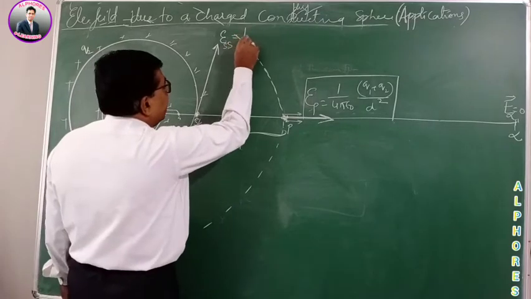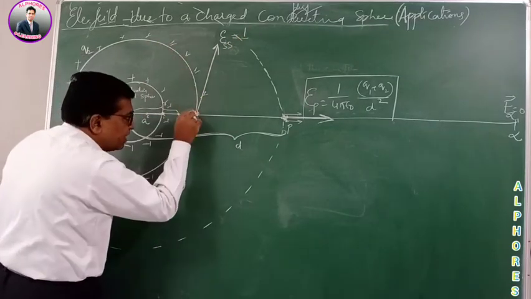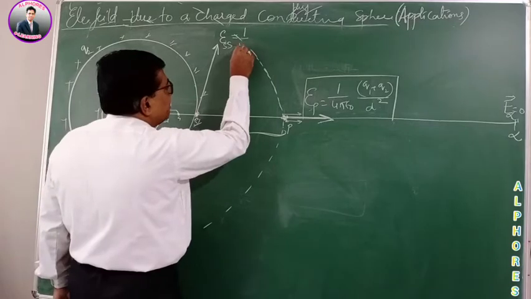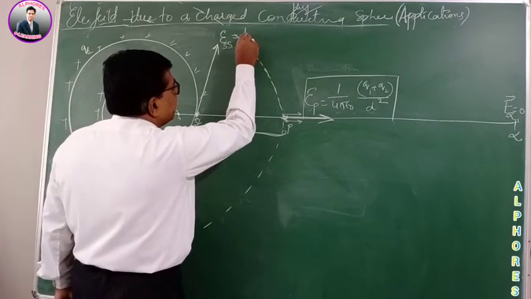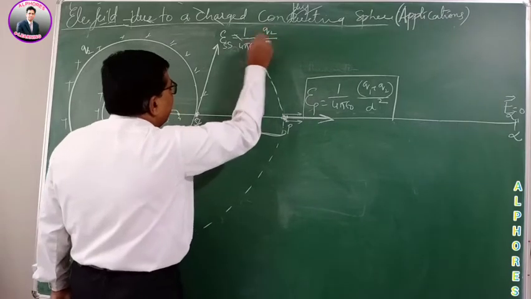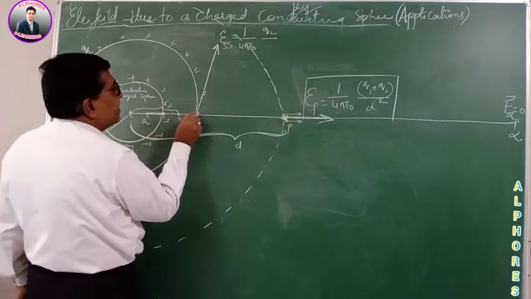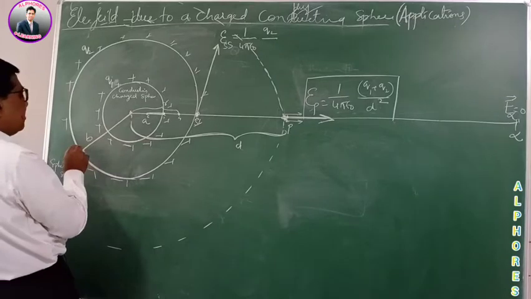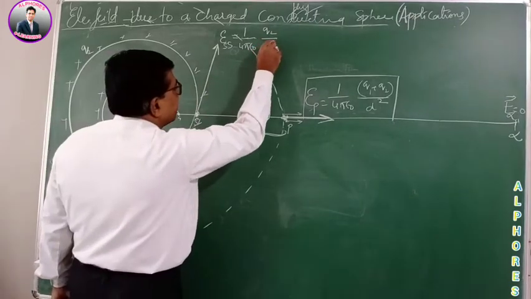Now for the spherical shell, the point lies on the surface. So the field due to the spherical shell on the surface is its charge Q2 by the distance, its radius, which is given as b, so by b square.